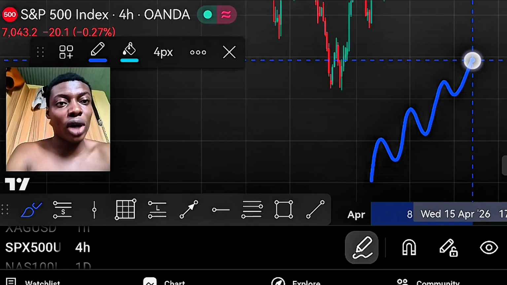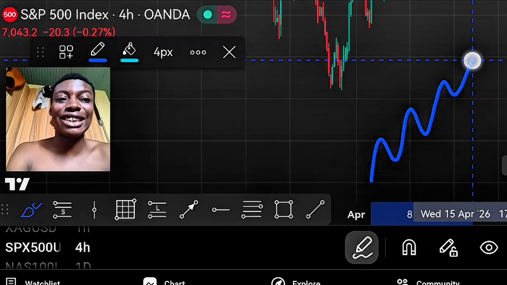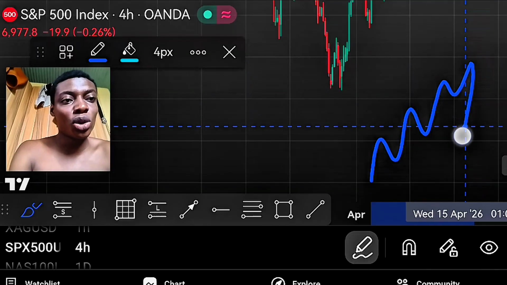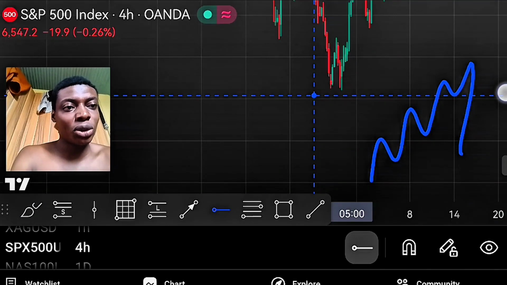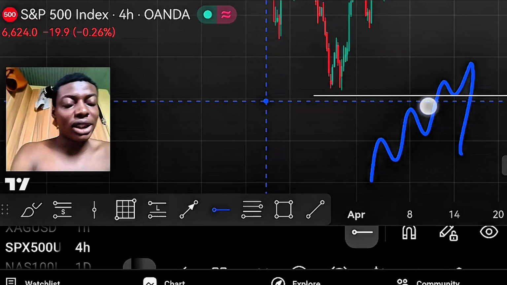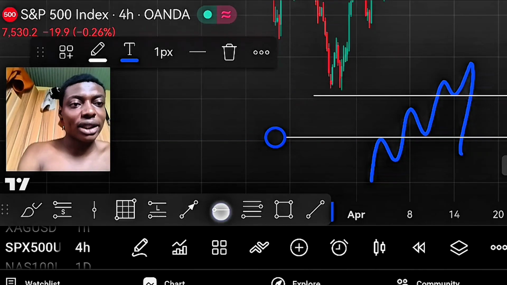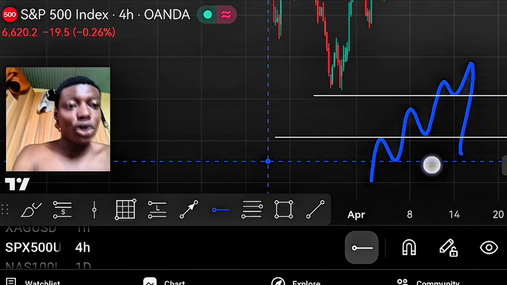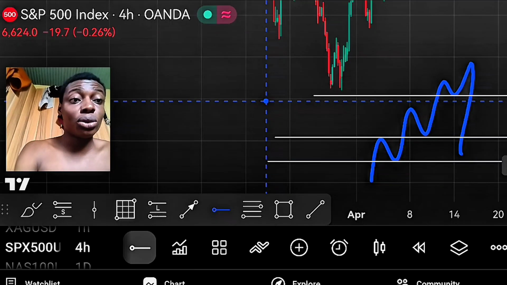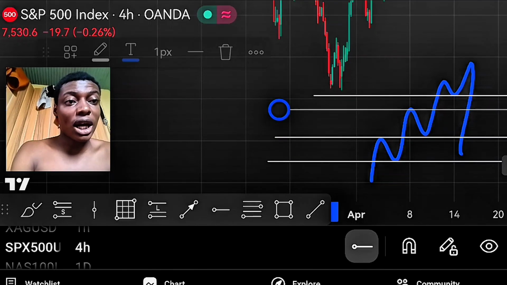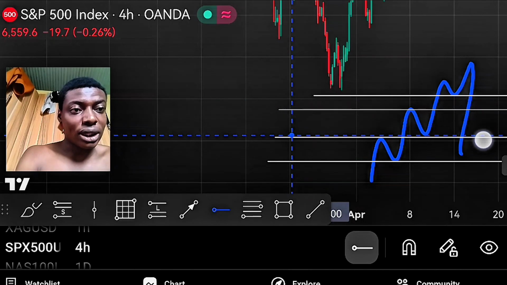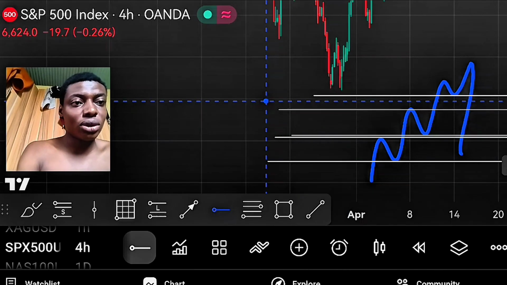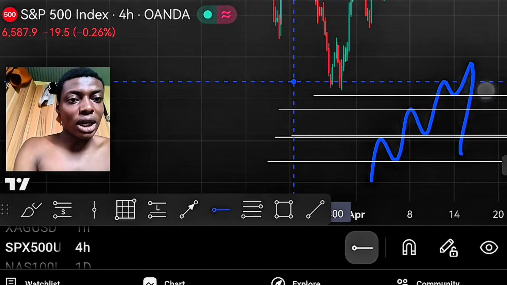You are going to have a red candle that will close below the higher low. So this is higher low. So this is higher high, higher low, higher high, higher low, higher high.